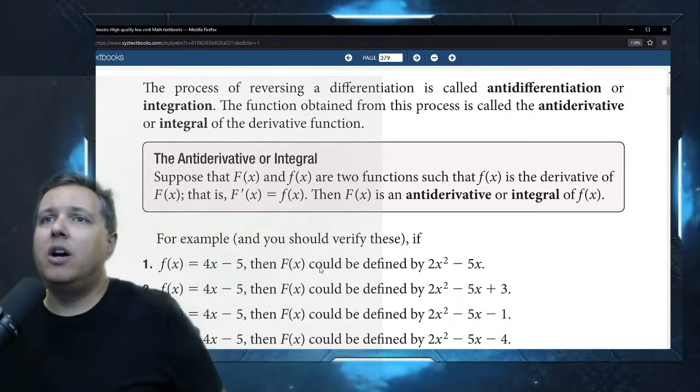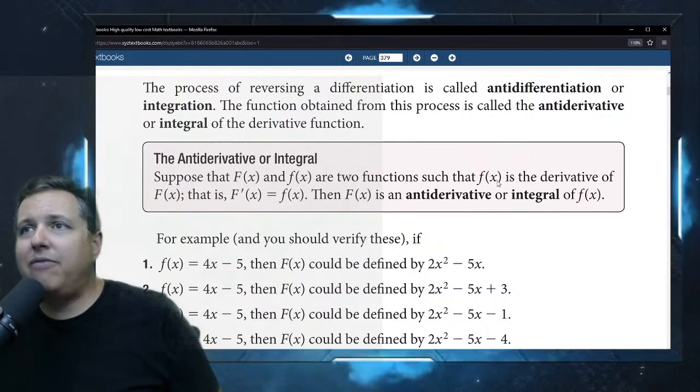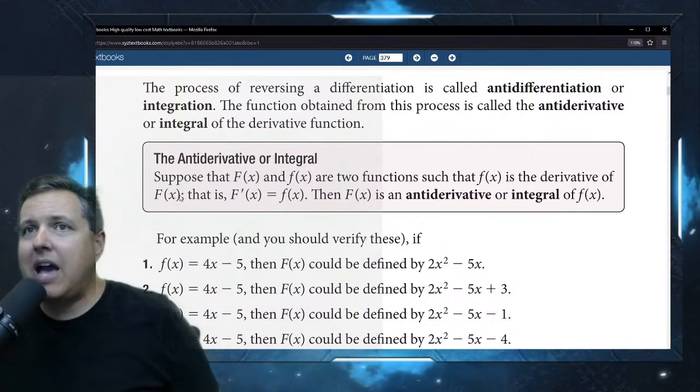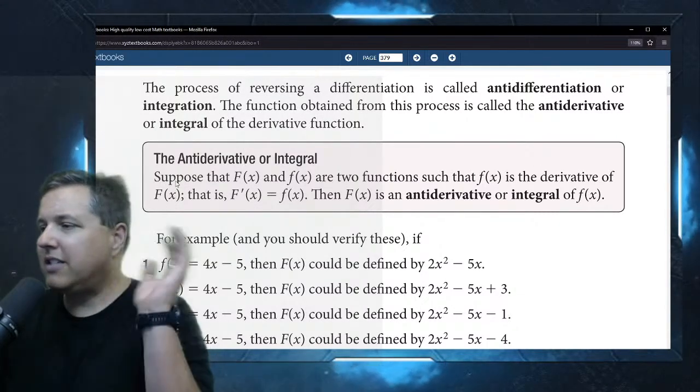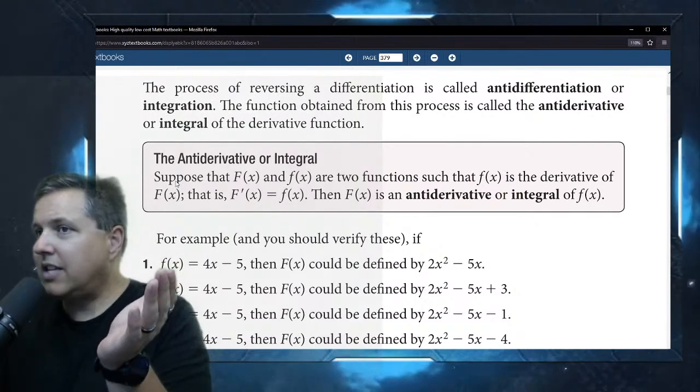So suppose that, notice how they're using a capital F here. Suppose that capital F of x and lowercase f of x are two functions such that lowercase f of x is the derivative of capital F of x. Okay, so that sounds confusing. That's a notation that is very standard in calculus.